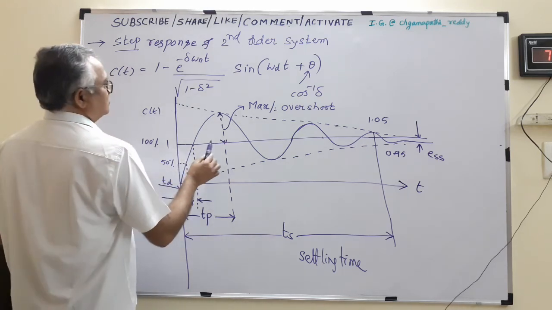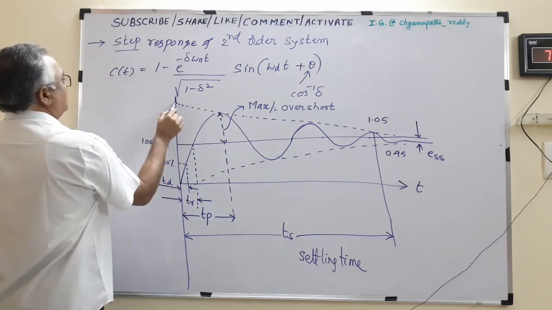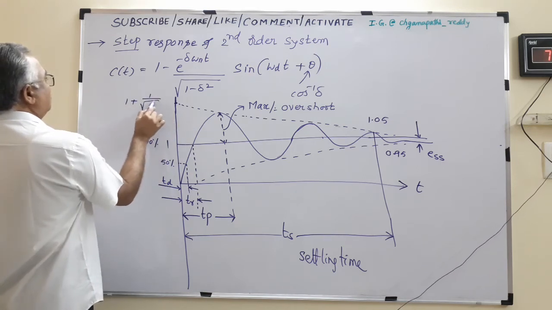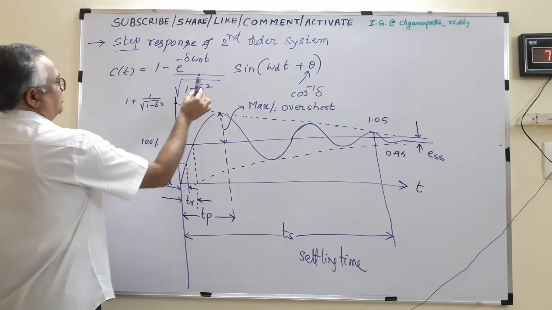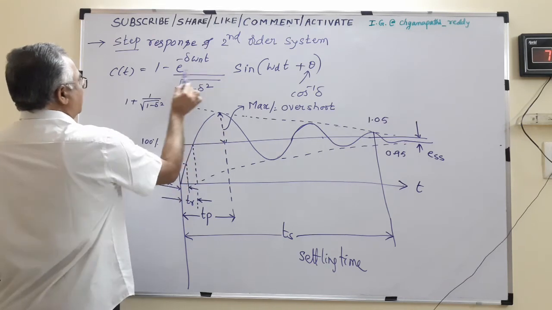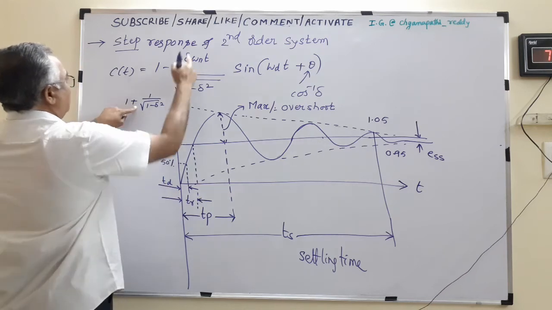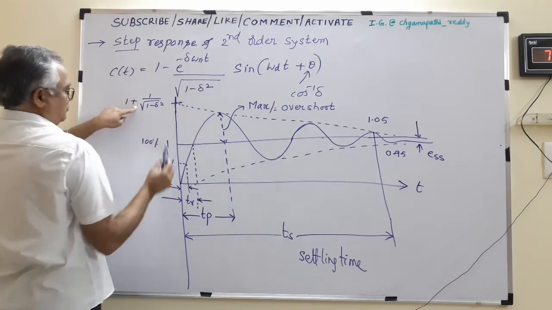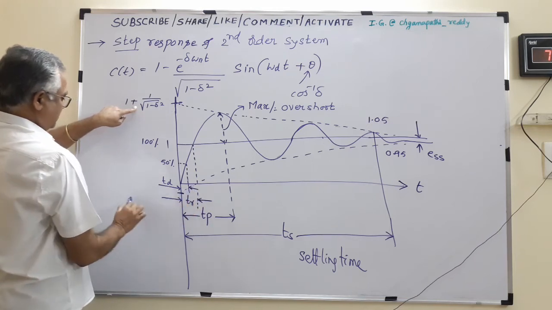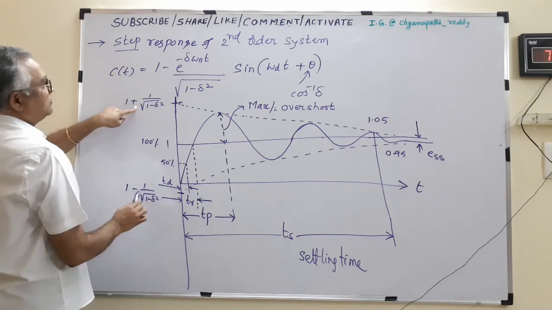And also these peaks: this point is 1 plus 1 by root of 1 minus delta square, because at t equal to 0 this is 1, this is 1. So the higher side positive peaks are 1 plus 1 by this, this point. Then this point is 1 minus 1 by root of 1 minus delta square.